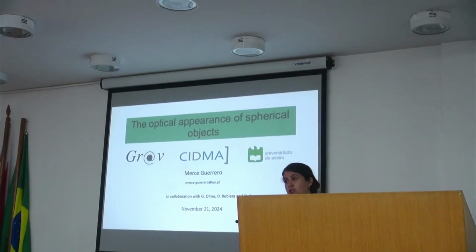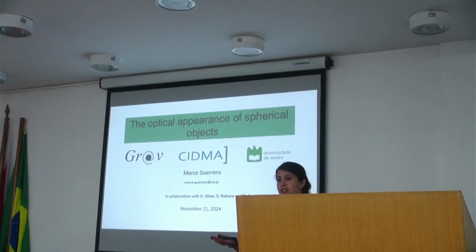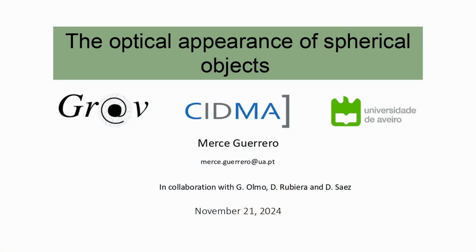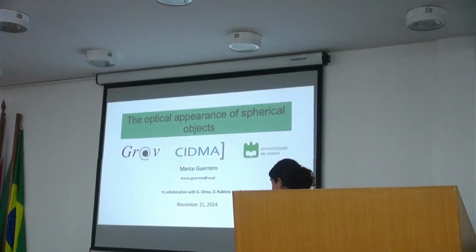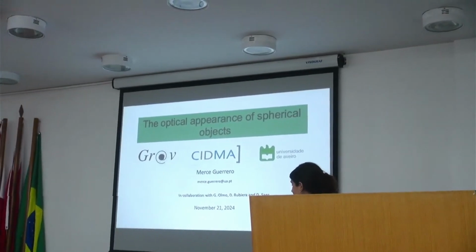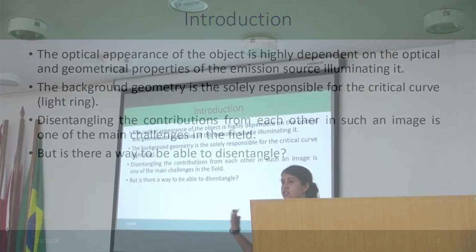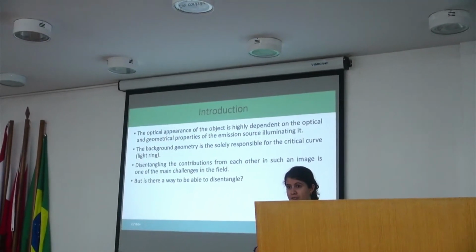Today, I think I will do a rather pedagogical talk about the optical appearance of static spherically symmetric objects. When we analyze the optical appearance, we have basically two contributions: the geometry and the disk.